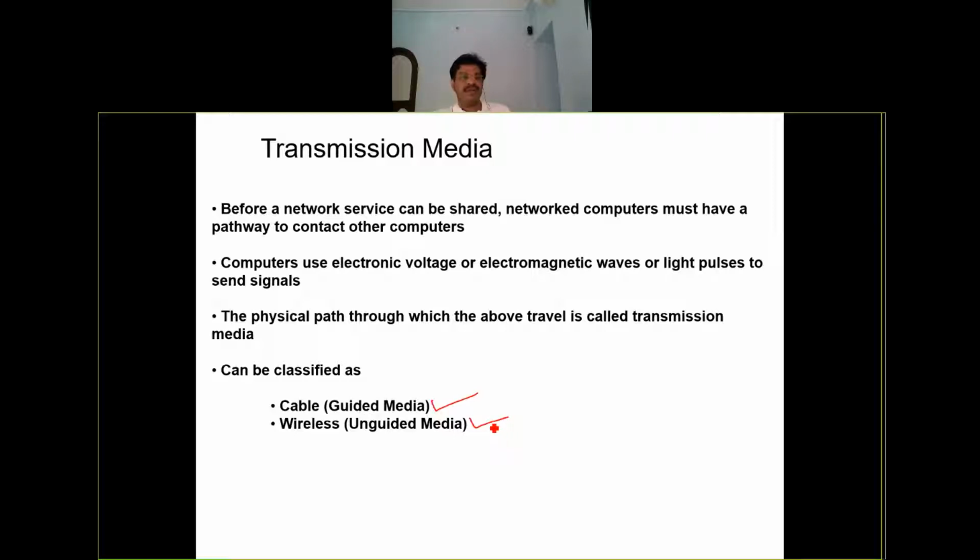Whenever we are utilizing cables, whether optical fiber cable or a simple copper cable with multiple conductors, that is a guided media. The other is the unguided media, wireless, where the information is available in air as the medium, and the devices retrieve that information by properly interfacing with the air.